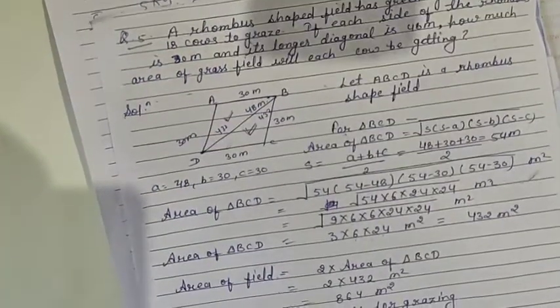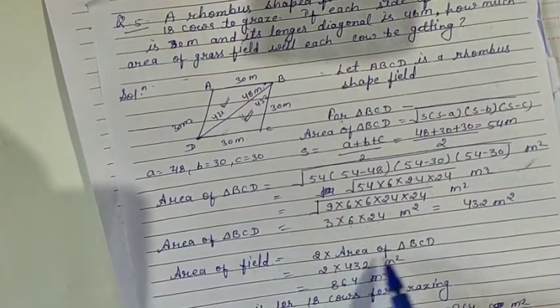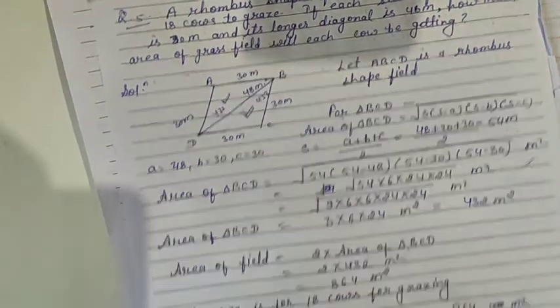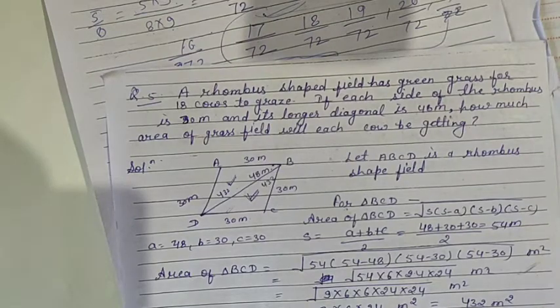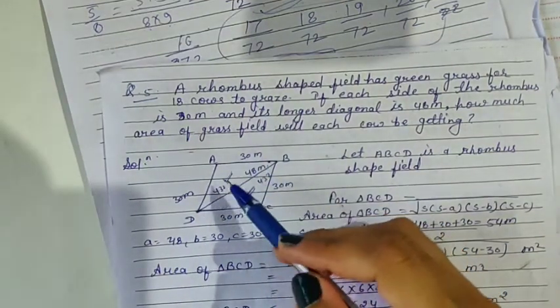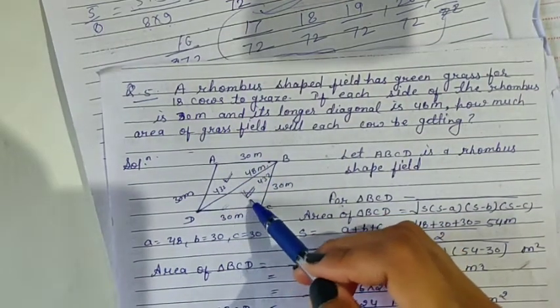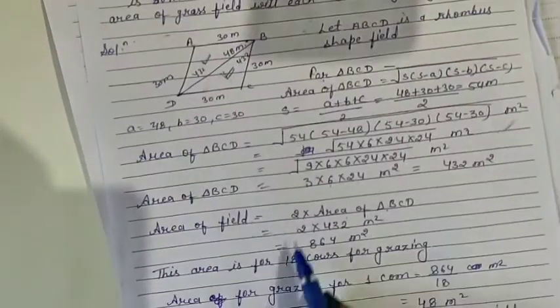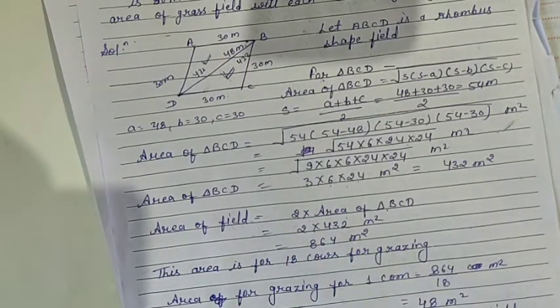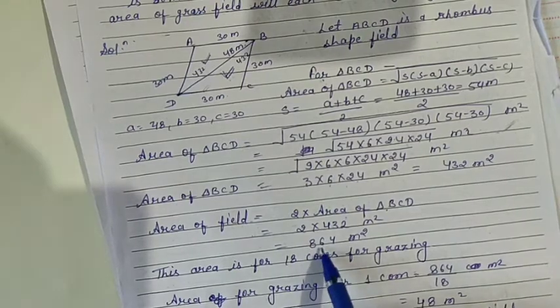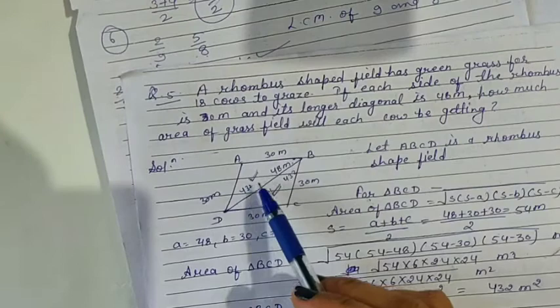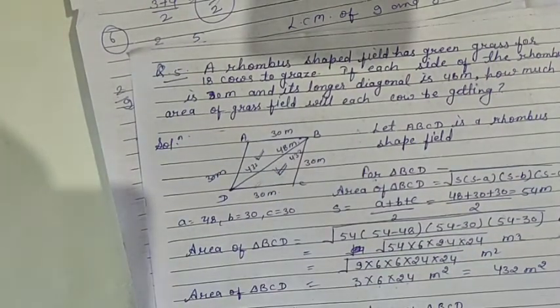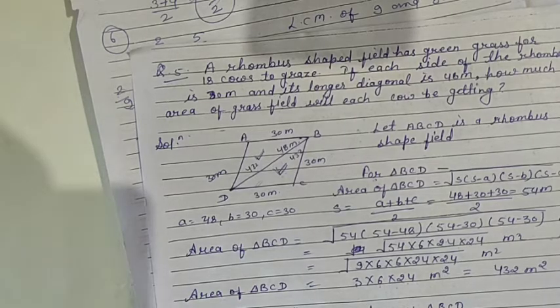432. So area of this field is equal to 2 into area of triangle BCD, because area of these two triangles is equal. So area of this rhombus is equal to 2 into 432 meter square, that is equal to 864 meter square. So total area of this field is 864 meter square, and this area is for 18 cows for grazing.